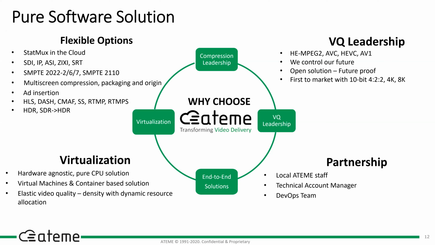We do not rely on hardware chips, ASICs to do our encoding. So as new codecs are available, and as we have CPU available, we can do that easily. MPEG-2, AVC, HEVC, AV1. We have an elastic transcoder encoder capability, which means the more CPU we have, the more we try to use that to make sure that you have the best possible video quality.